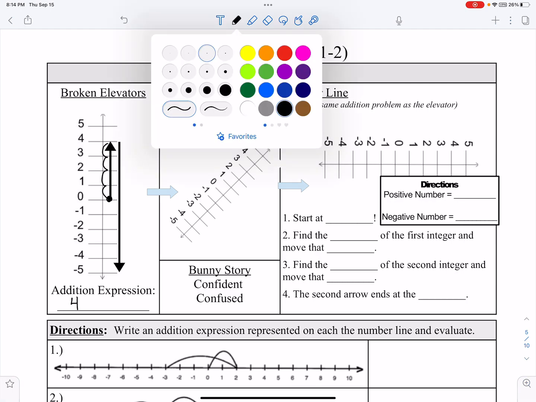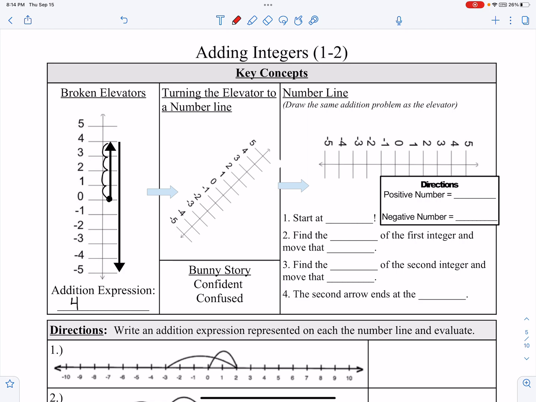And then once we have gone up to the 4th floor, now we're having negative movement. You can see I've moved down 1, 2, 3, 4, 5, 6, 7, 8, 9 spots from there. And we end up at negative 5.